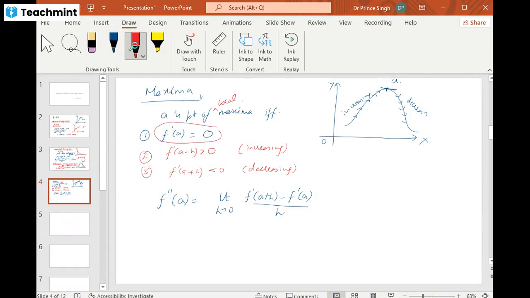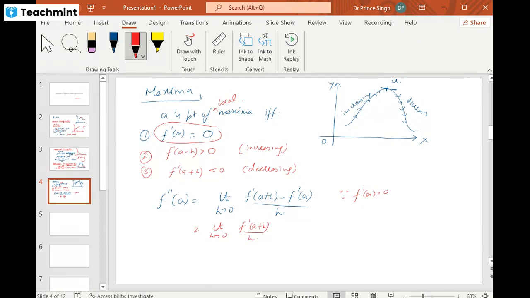So this is nothing but the limit as h tends to 0 of f dash a plus h upon h. Now we'll check what the condition of maxima is here.